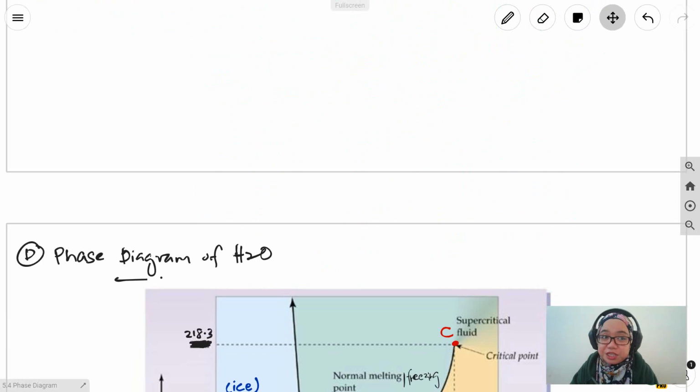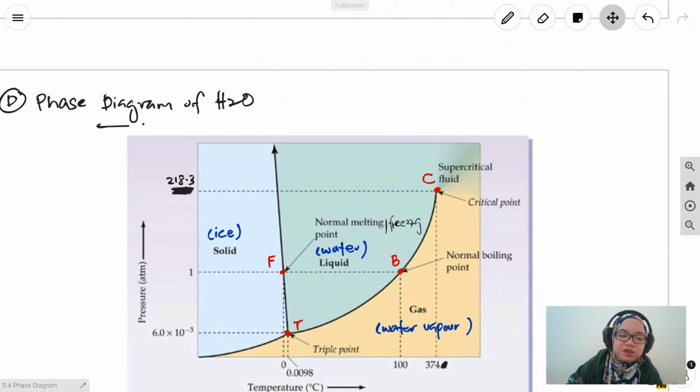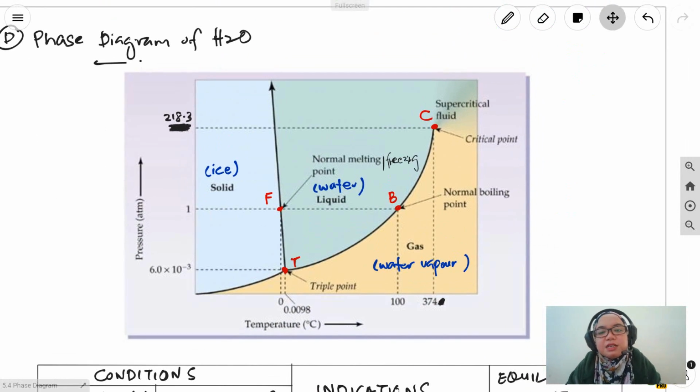phase diagram of water. Okay, so if we look at the phase diagram of water, this is how the phase diagram of water looks. Earlier I said this solid-liquid equilibrium line may incline to the left, which is a negative slope, or may incline to the right, which is a positive slope. Okay, bear this in mind.